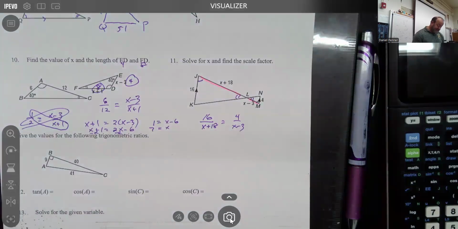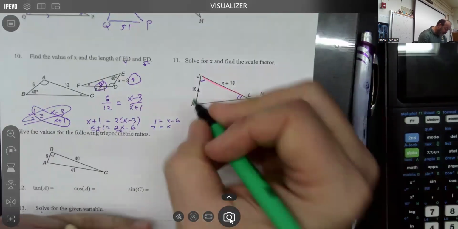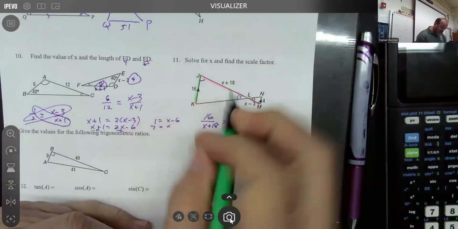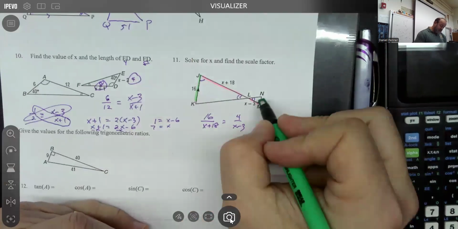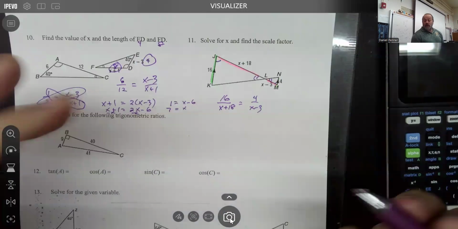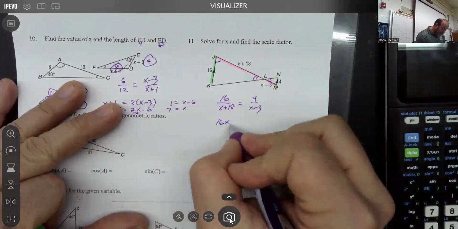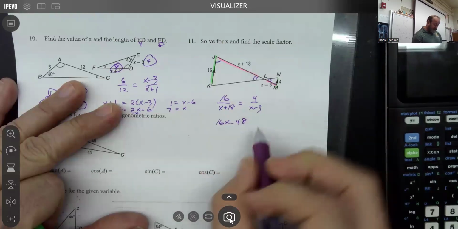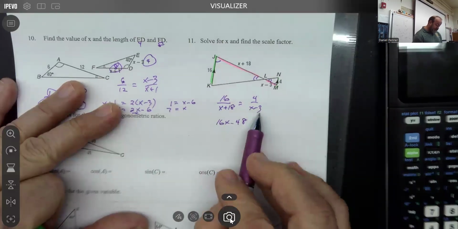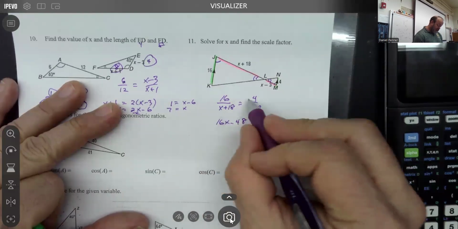The 18, or I should say the 16 that I have right here, is right on the other side of the single arced line, a single arced angle. So we're looking pretty good. Now, if you had picked a different ratio, we could have probably done a little bit better, but when we cross multiply, 16 times x and 16 times 3 would be the same as 4 times x and 4 times 18.